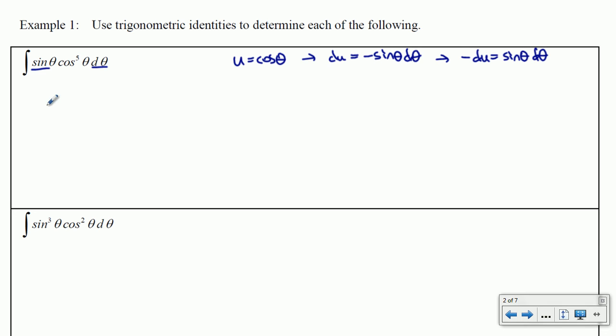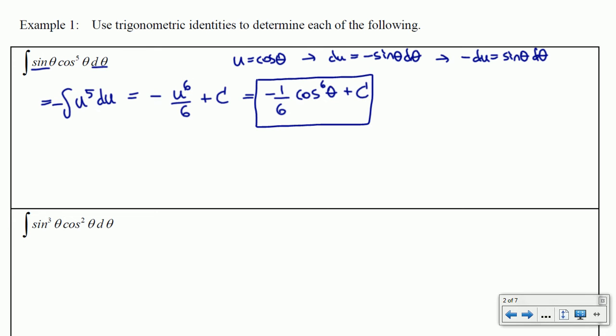So then this original integral will become negative u to the 5th du. Did I miss anything? There should be a negative sign here. So u to the 5th would have come from a u to the 6th divided by 6 plus c. And we can sub cos theta back in for u now. So we would have negative 1/6 cos theta to the 6th plus c.